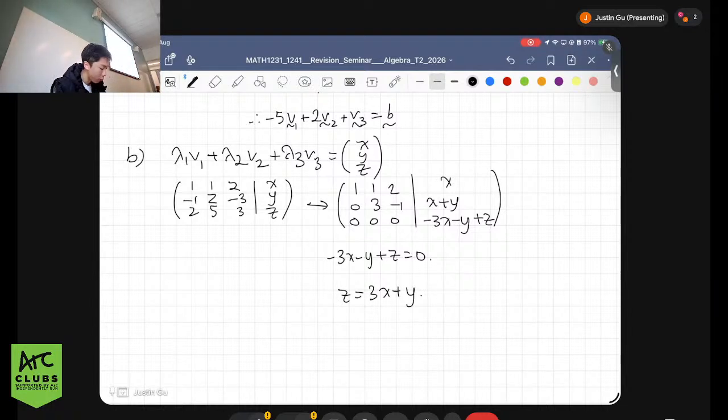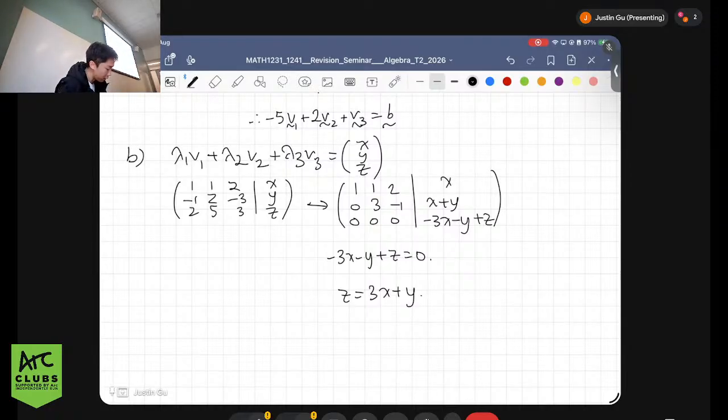Essentially, we're saying that for x, y, z, if all three of these values hold for any vector, then this condition is true. But if we find any counterexample to z equals 3x plus y for any random 3D vector, then we know that it's not going to span the entirety of R^3.